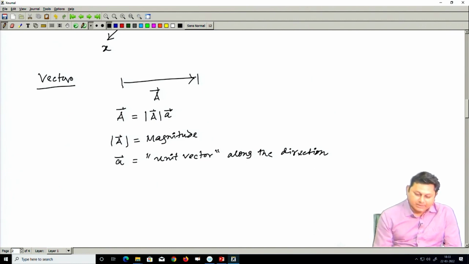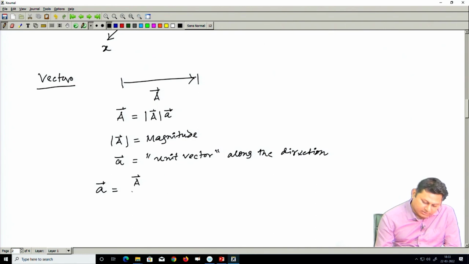Okay, fine. Now if I want to find this unit vector from this expression, I can simply write that the unit vector is nothing but the vector given to me divided by the magnitude of that vector. So that simply gives me the unit vector.